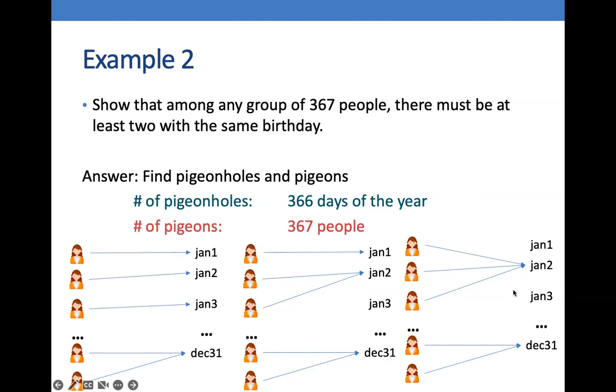Okay, and we can have, let's say, another example, 3 people who are celebrating their birthday on January 2, and 2 people celebrating on December 31, and other people not celebrating their birthday in other days of the year. Or maybe we could have all these 367 people celebrating their birthday in only one day of the year, but that is not realistic.